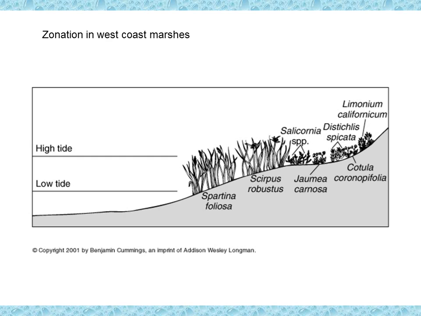And this is the characteristic aspect of a west coast salt marsh, is the fact that it has Limonium californicum as one of the elder marsh plants that are present. There's usually a high diversity of species in California, the Pacific coast, in relation to the east coast of the United States. But what you don't find here, as you would in the southern marshes, is that characteristic salt pan.